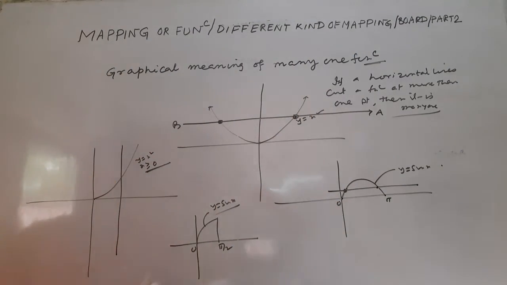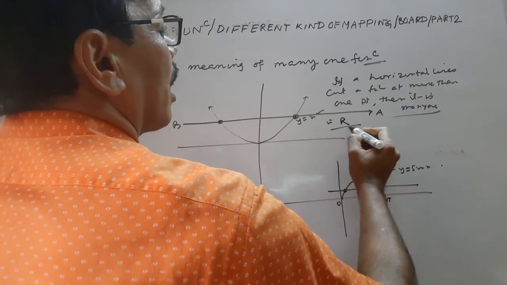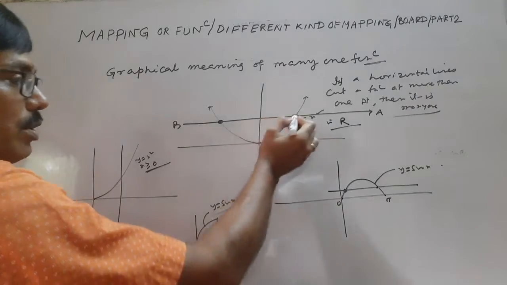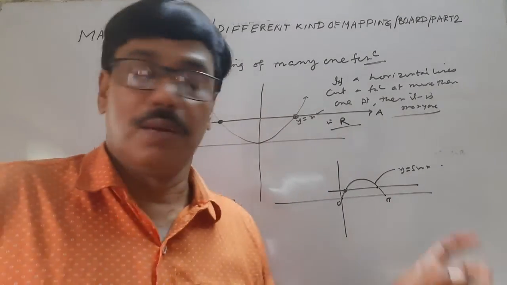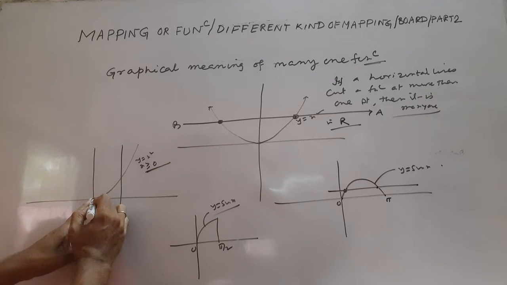So look at the domain. So y equals x square in R, that is minus infinity to plus infinity, is many one. But y equals x square for x greater than or equal to 0 is not many one.